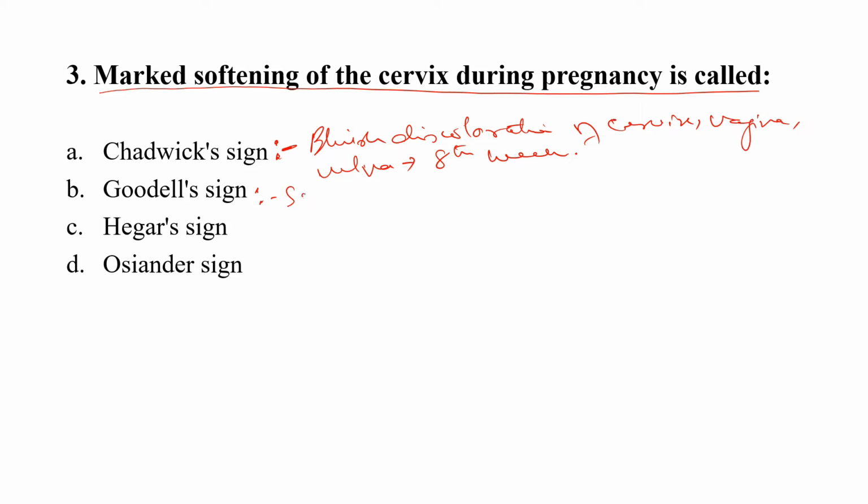Goodell sign is the softening of the cervix, when the cervix becomes soft at around 6 weeks of pregnancy.